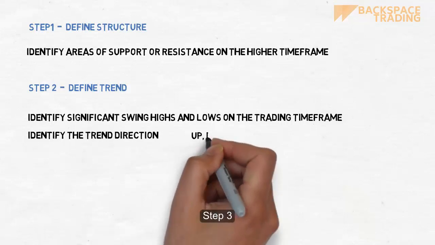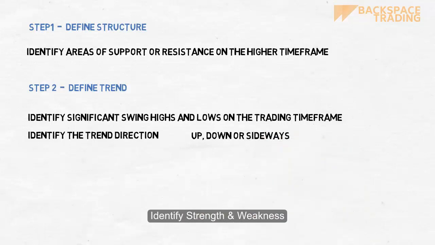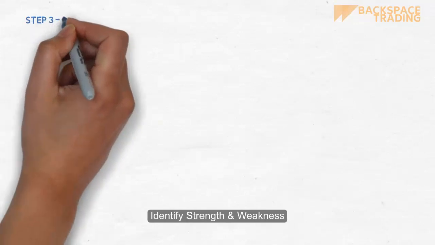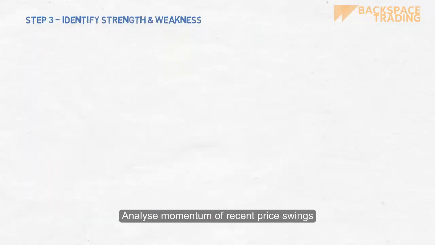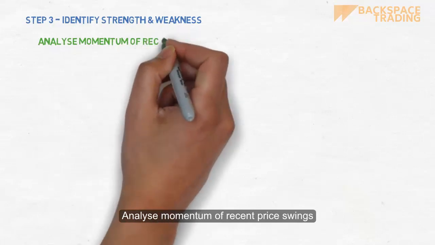Step 3 is identifying strength and weakness. Now here, if you remember, we analyze the momentum of recent price swings.